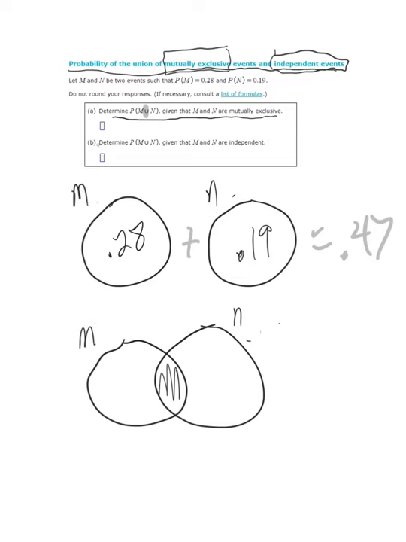Now, what if they're independent? How do we find the union? Well, we add them together. This is 0.28. This is 0.19. But remember, this little area here is getting added twice, so we're going to end up subtracting that out one time.